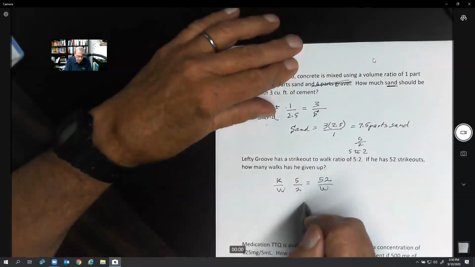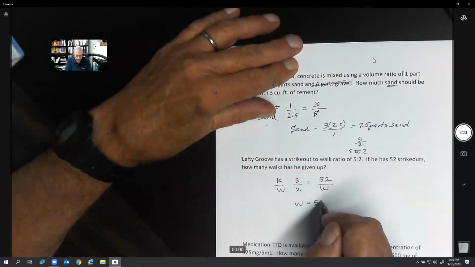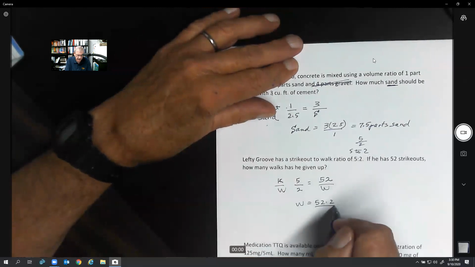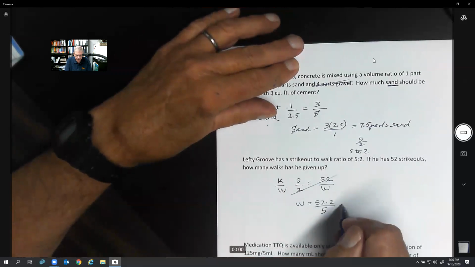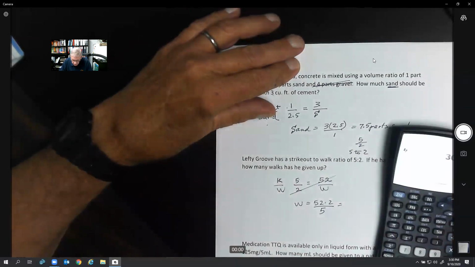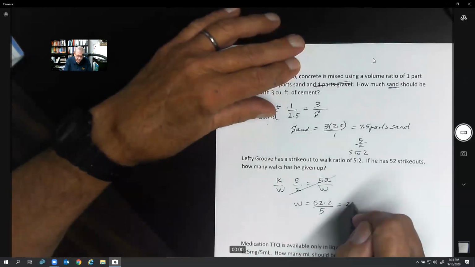So W equals what? Diagonal, and then divide by the number that's left, 5. And that should give me my answer. 52 times 2, divide by 5. Here I did it separately, but that's okay. 20.8.